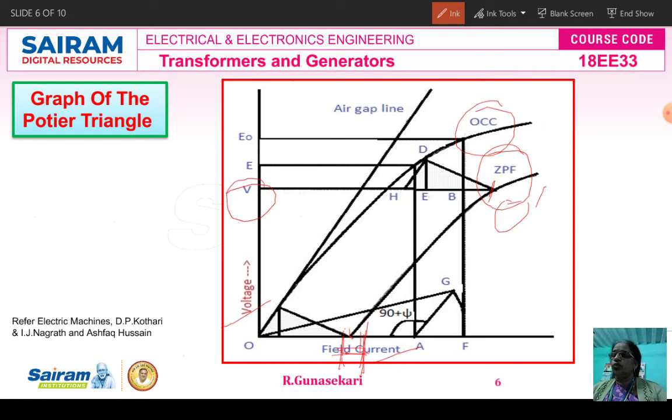So here OH gives the value of field current which is equal to that needed to balance the demagnetizing armature reaction effect and the leakage reactance drop at full load. By using the two points H and O dash, the full load zero power factor characteristics is drawn.